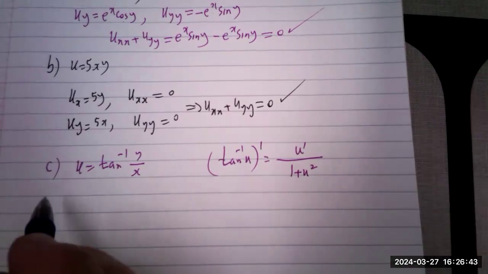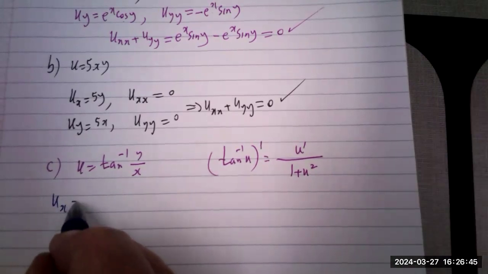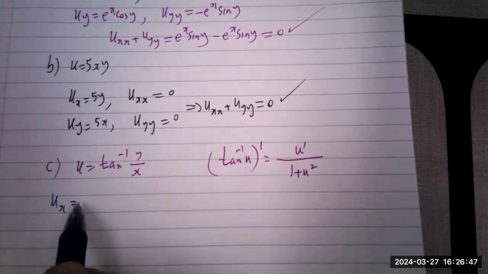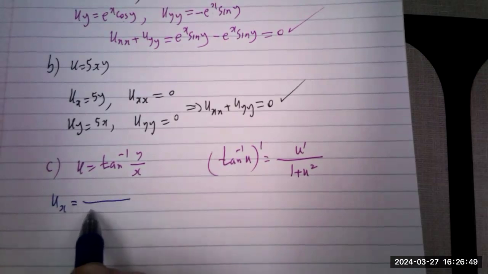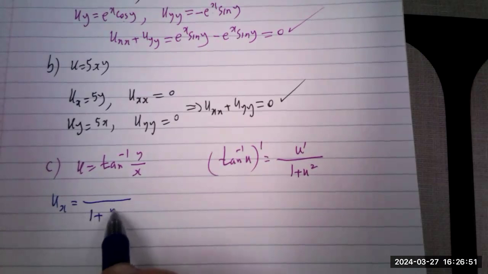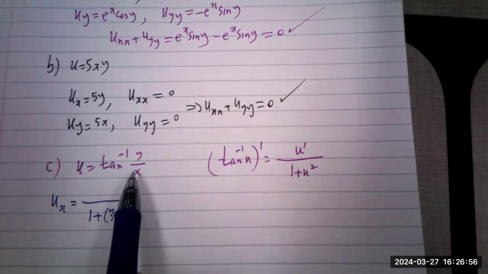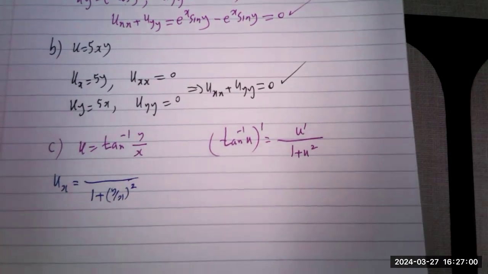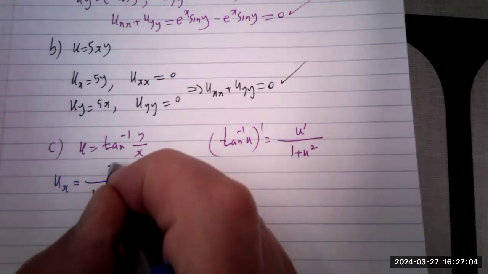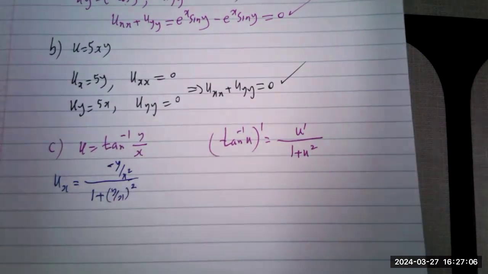You need this formula to be able to do it, but you did it in a partial form. So u sub x is equal to the derivative with respect to x. The bottom is going to be 1 plus y over x all squared. Now the top is the derivative with respect to x of y over x. It's like 1 over x, negative 1 over x squared, or negative y over x squared. Even if you use the quotient rule, the top times the bottom derivative will be 0, the bottom times the top is just a negative 1.